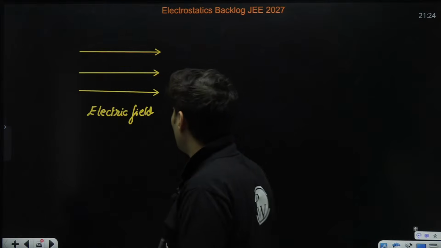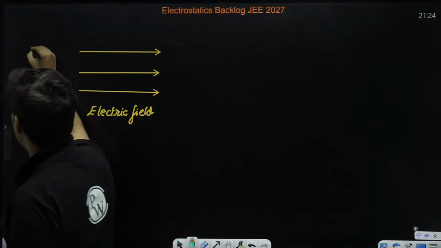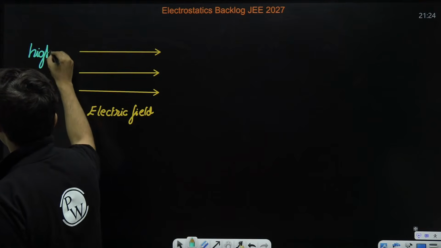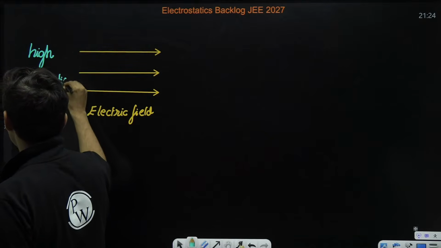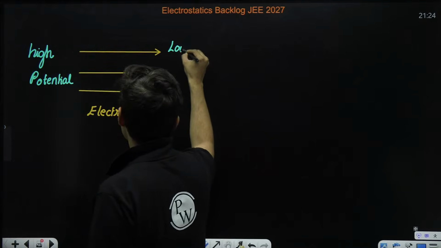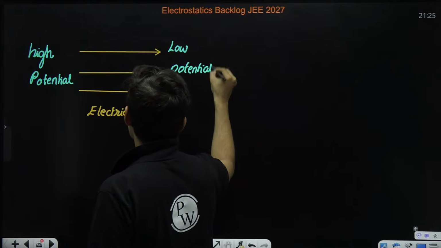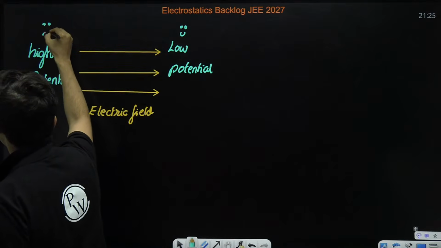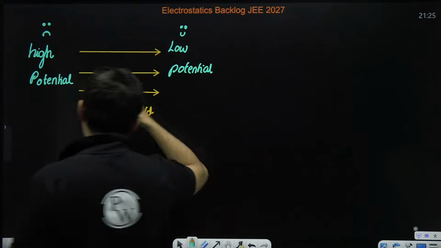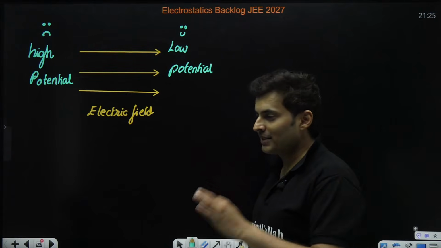Same way over here, the electric field will always go from high potential to low potential. Remember, it has to become happy. Low potential means it is happy, high potential means it is sad, and the field is always going to push it towards the lower potential.